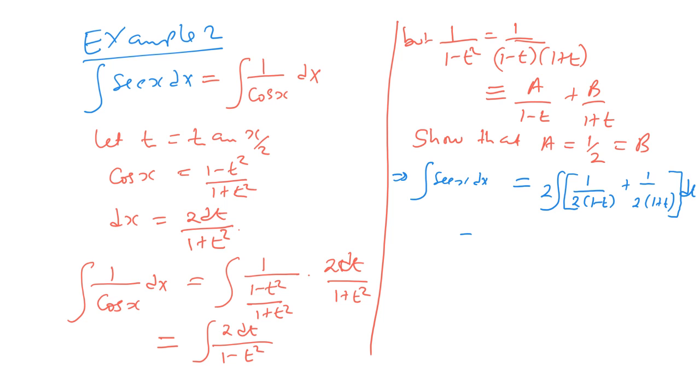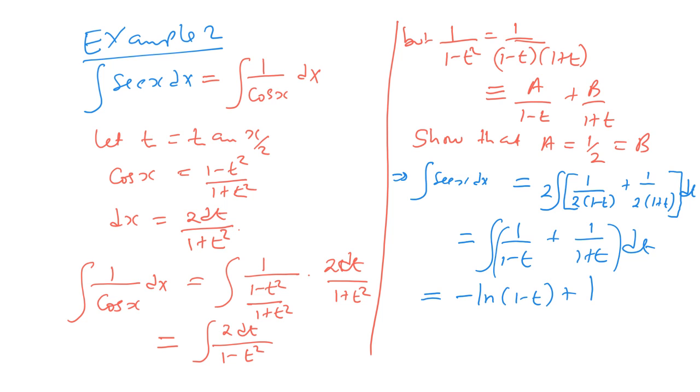So this is going to be the integral of 1 over (1 minus t) plus 1 over (1 plus t) dt. So what do we end up with? Minus natural logarithm of (1 minus t) plus the natural logarithm of (1 plus t), and this is the same thing as the natural logarithm of (1 plus t) over (1 minus t).